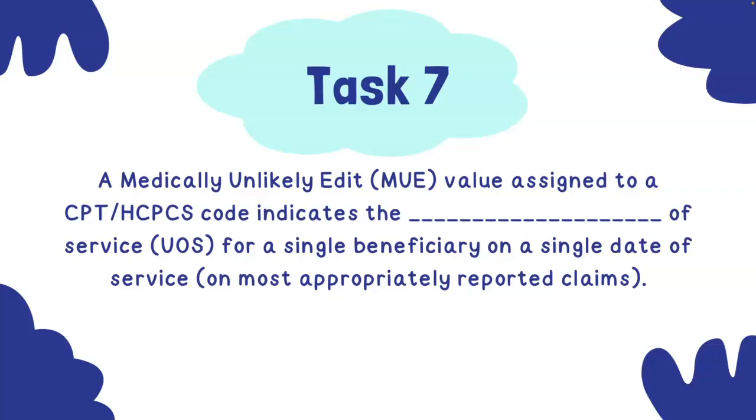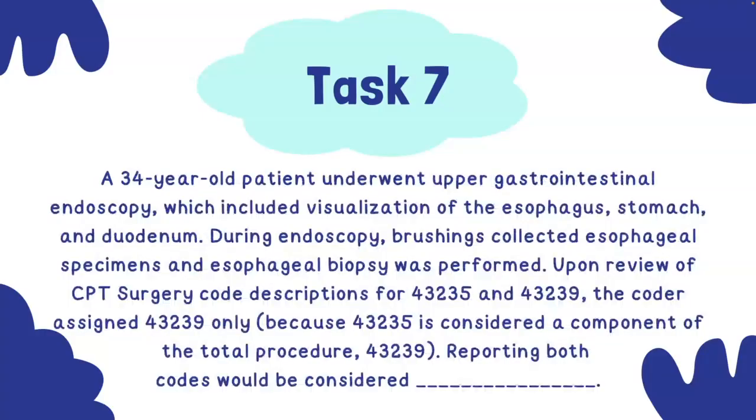And the last one, this is going to be interesting, but I think you will be able to answer this question. A 34-year-old patient underwent GI endoscopy, which included visualization of the esophagus, stomach, and the duodenum. During endoscopy, brushings collected esophageal specimens and esophageal biopsy was performed.